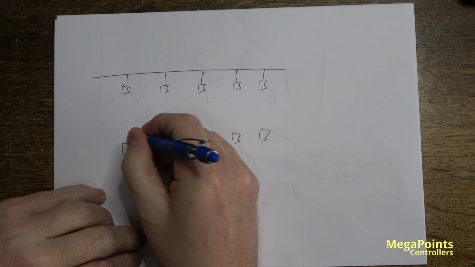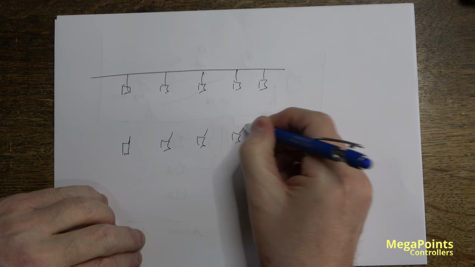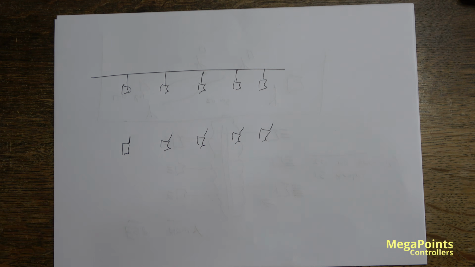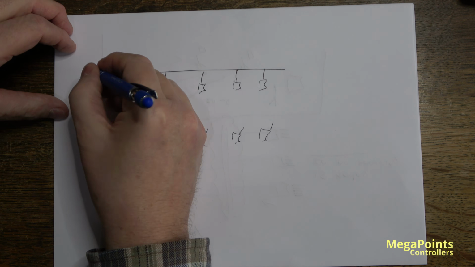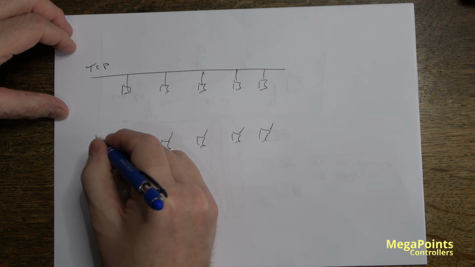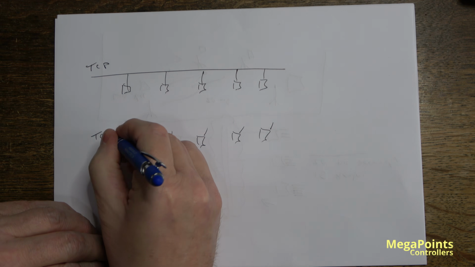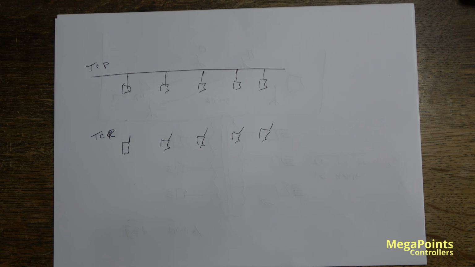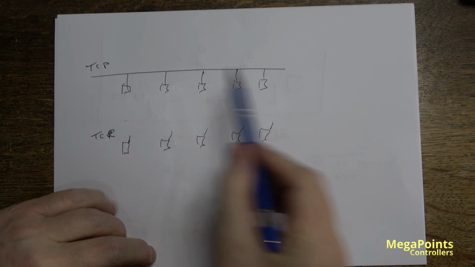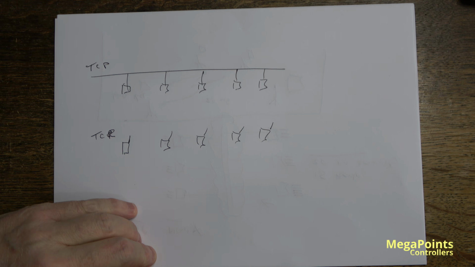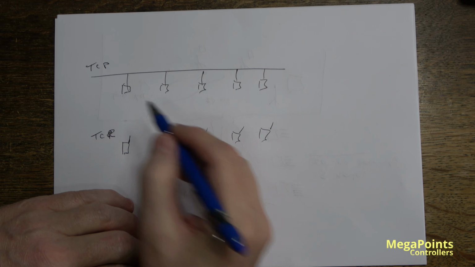So this will now go out on its little Wi-Fi antenna, and it will look like the same network, because effectively we're going to be running TCP in both cases. TCP is Transmission Control Protocol. Gosh, I can't write P. And it takes care of the communication between each device. But the problem with TCP is it can't broadcast.